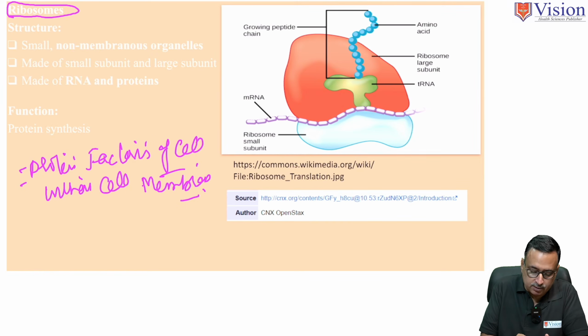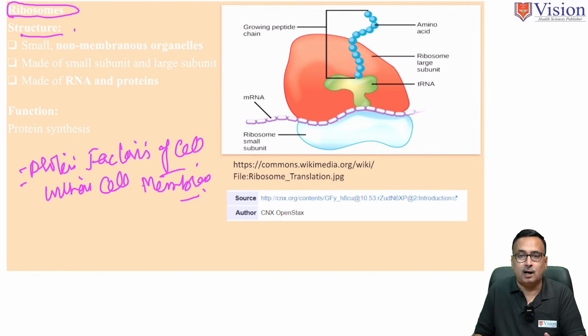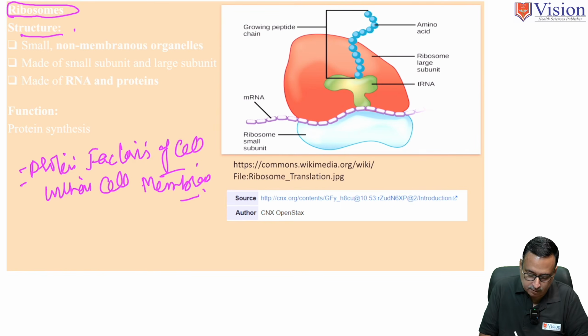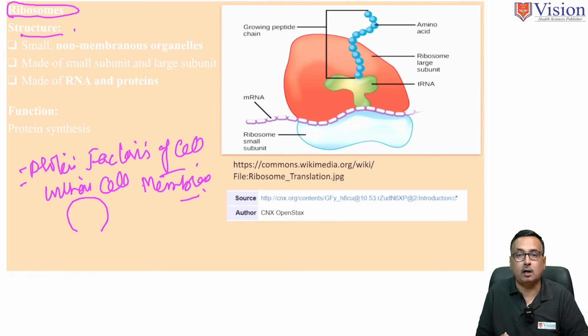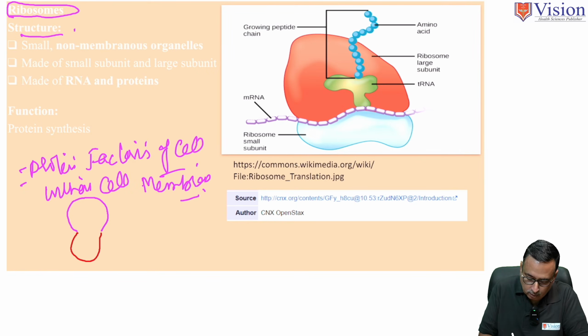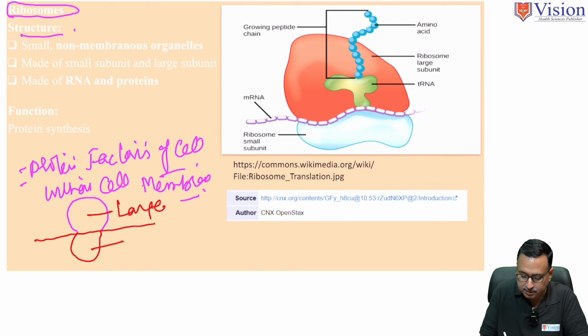And about the structure of ribosome, a ribosome is made up of two components. One component is called the large subunit. Another component is called the small subunit. This is the large subunit. This is the small subunit, and both are linked by messenger RNA at the time of protein synthesis.